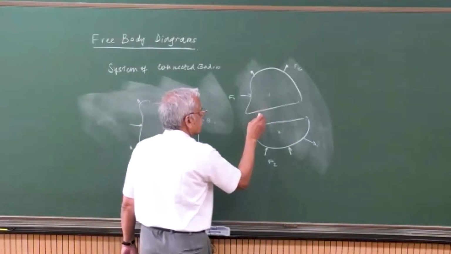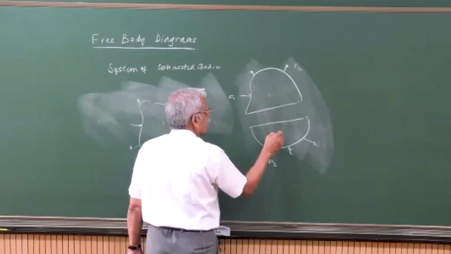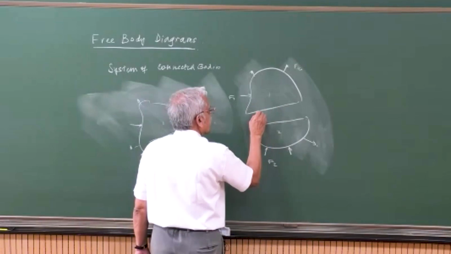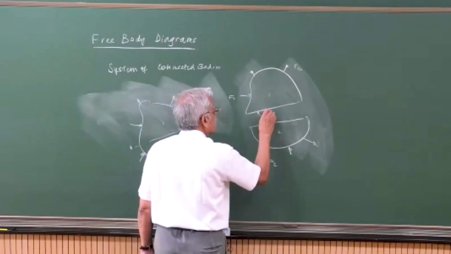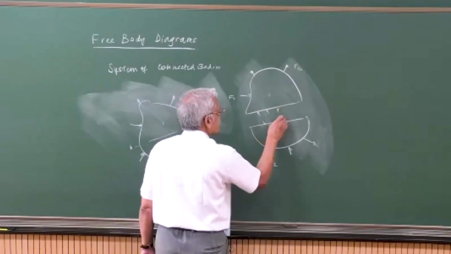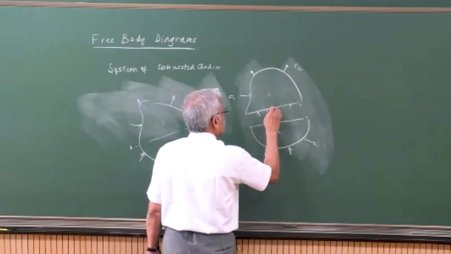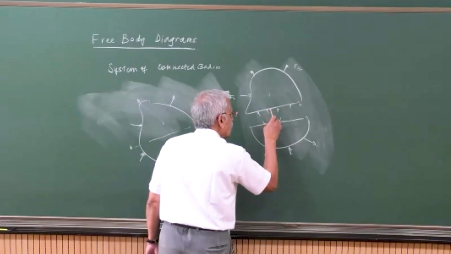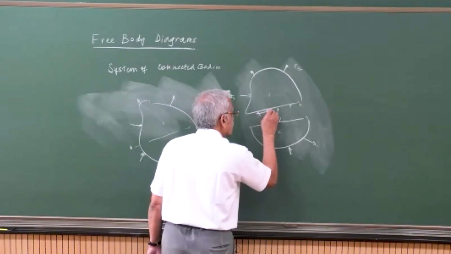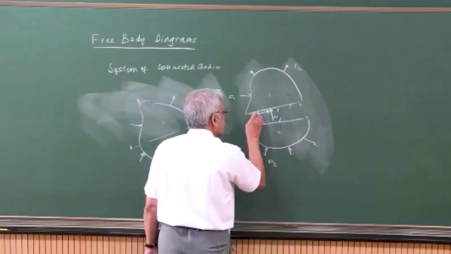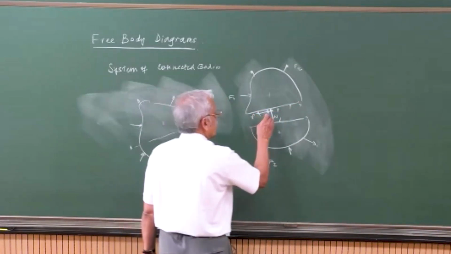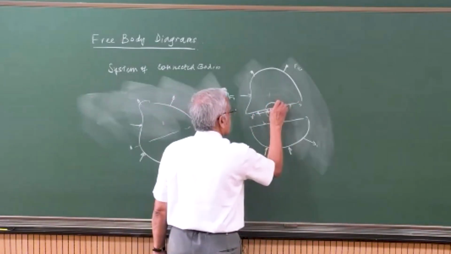And the other forces coming from 2 on 1 may have a lot of these intermolecular forces, right? All of them can be put as one normal force and one friction force together with a moment.